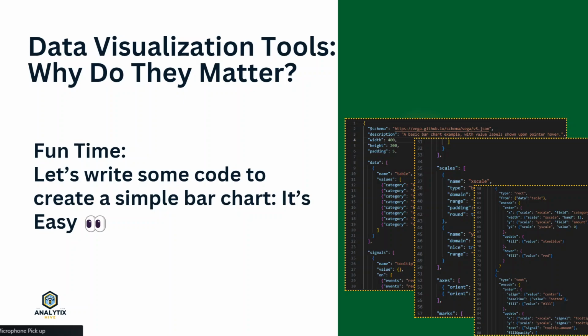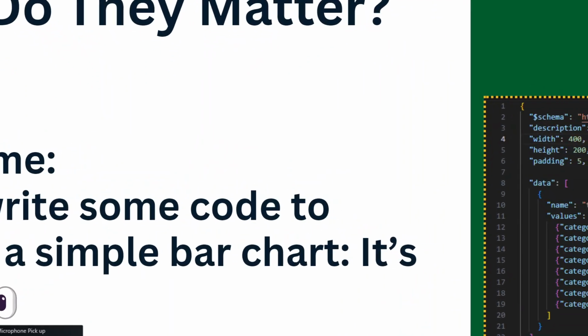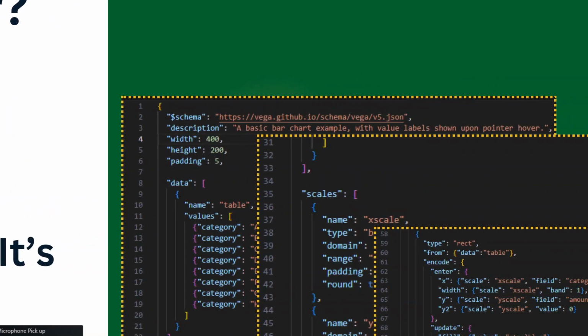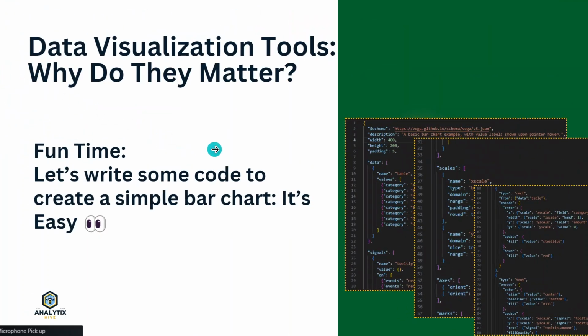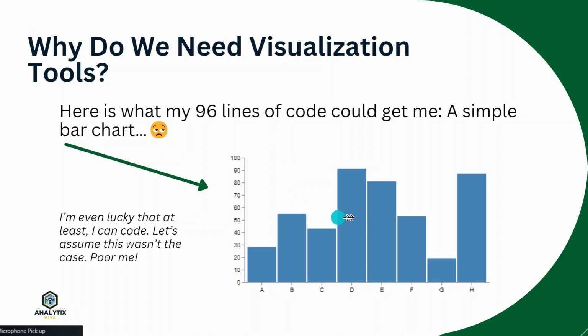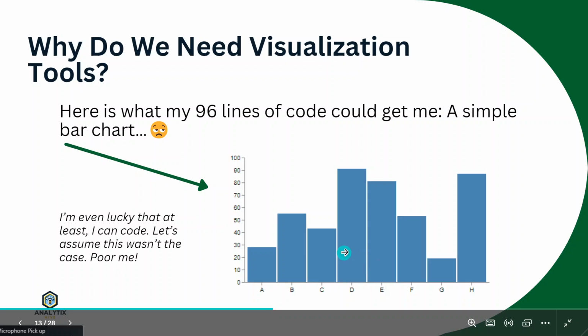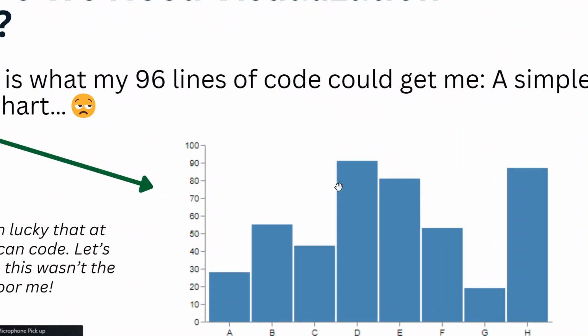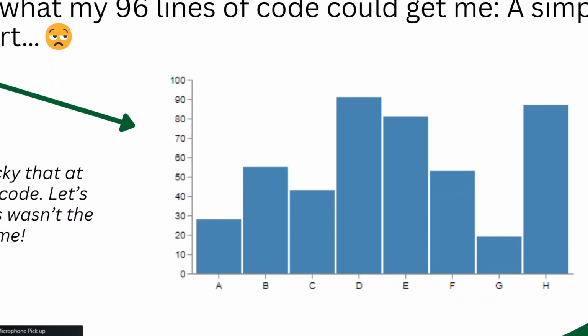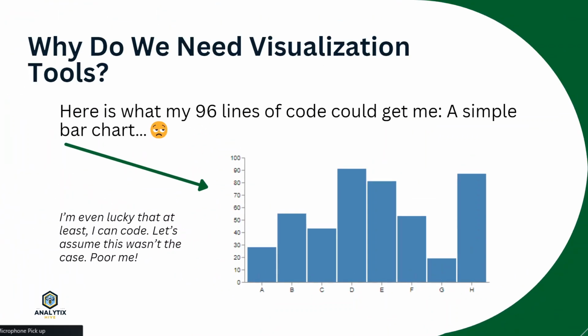They are very, very helpful because without them, we are likely going to need to start writing code. As you can see here, it took about 96 lines of code to just get this not-so-pretty bar chart, right? And that is even for those who can code. But imagine you can't code and there are no such tools to help you, then you see that it's not possible to get something like this.